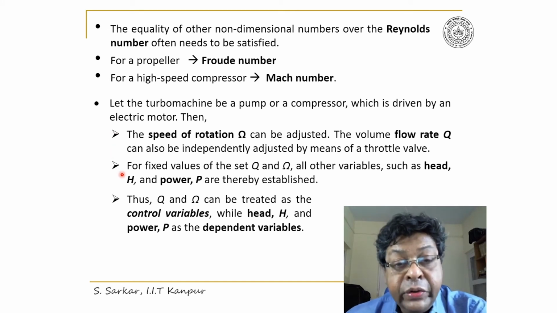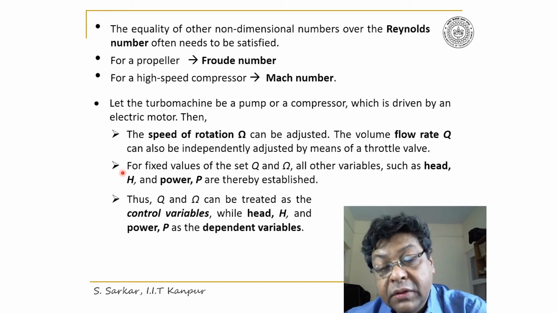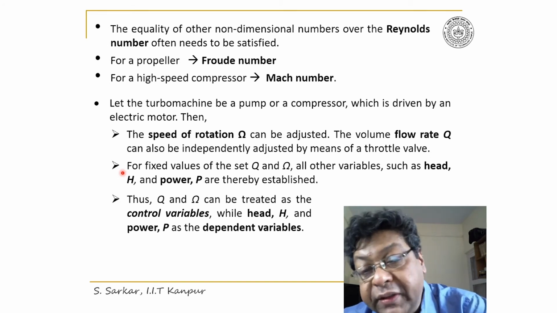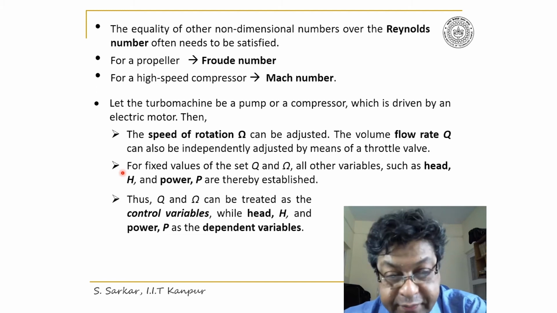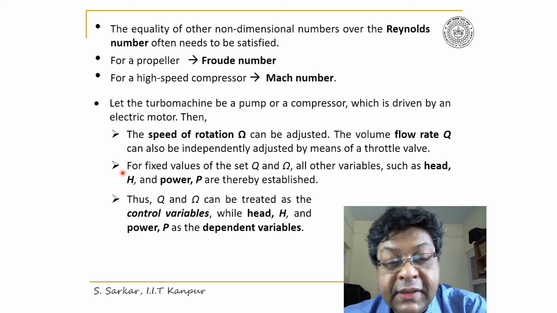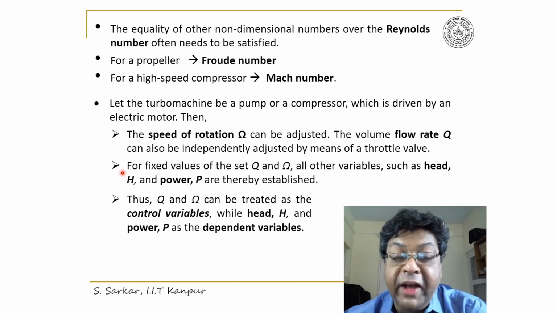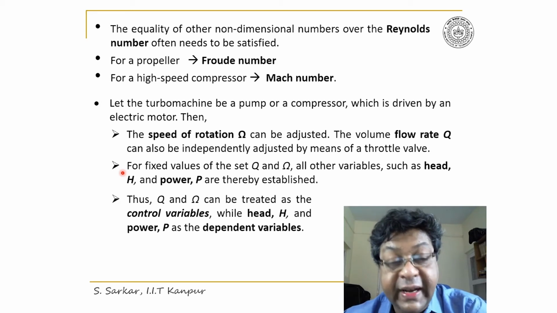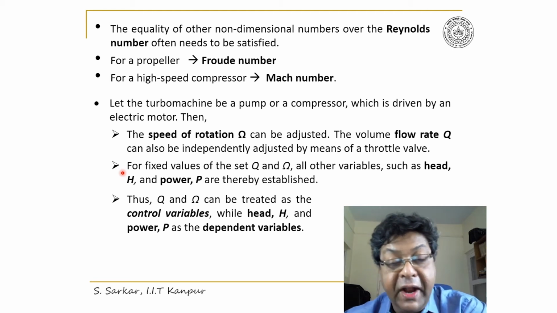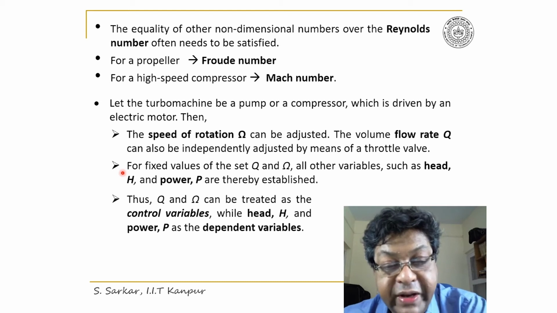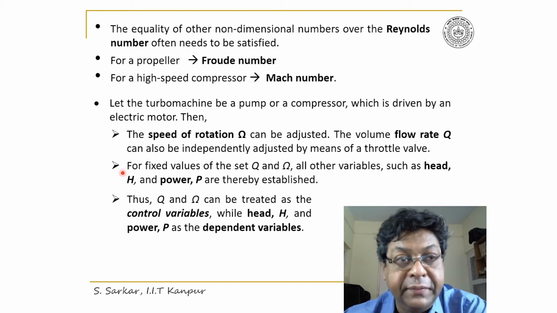And again, for a certain value of Q, flow rate, and speed, other variables such as head and power are established. Thus, Q and omega can be treated as control variables, while head and power can be treated as dependent variables. So here I have defined, for turbomachines, what are the control variables and what are the dependent variables.